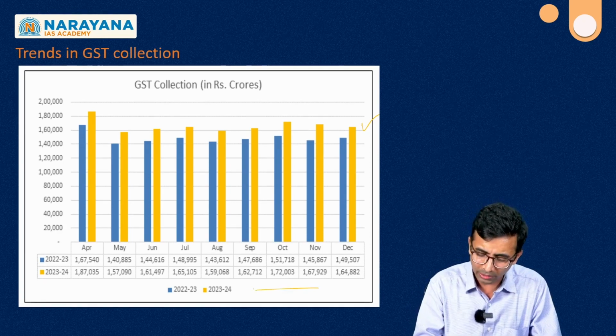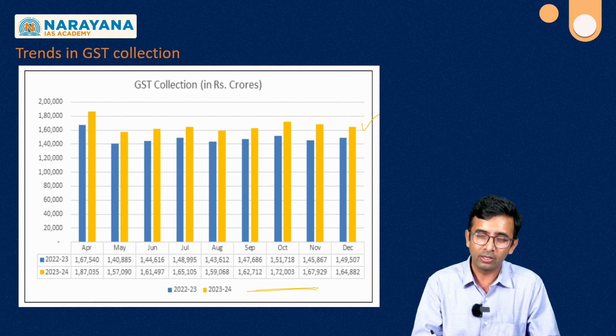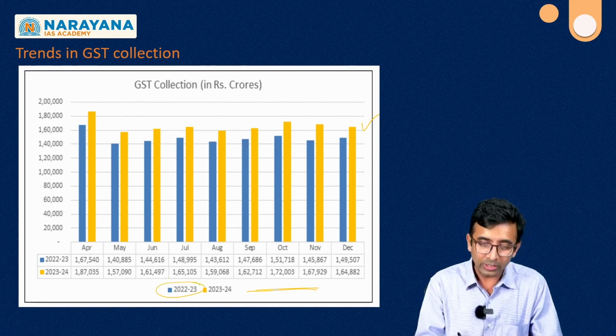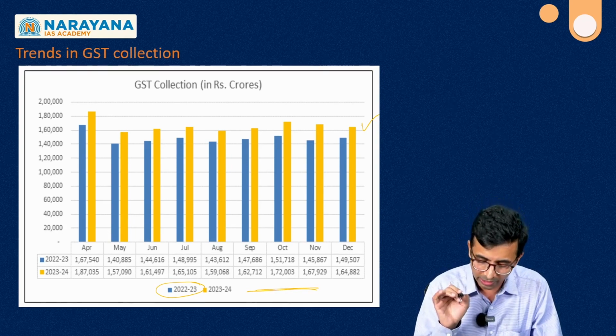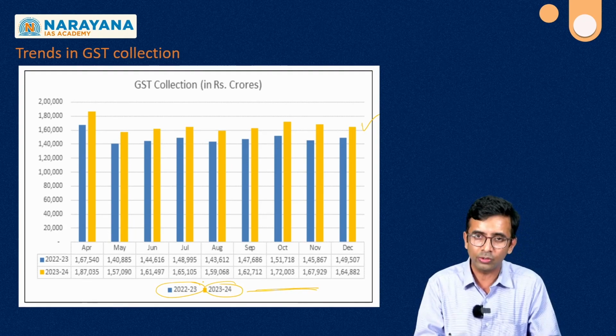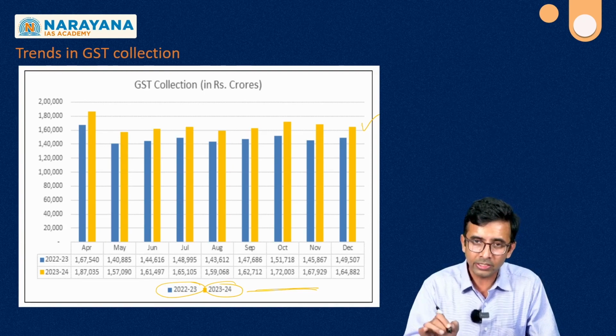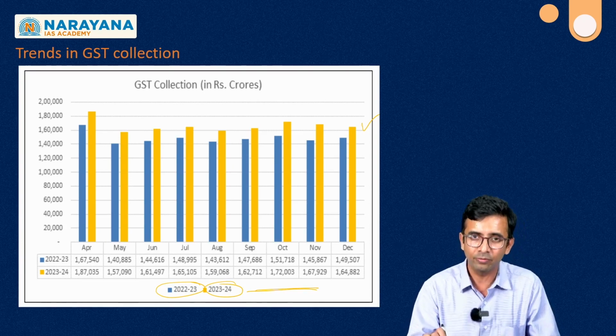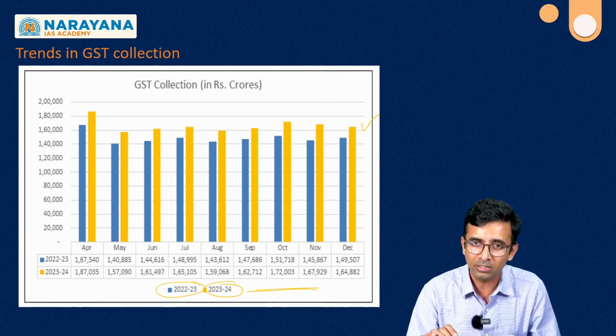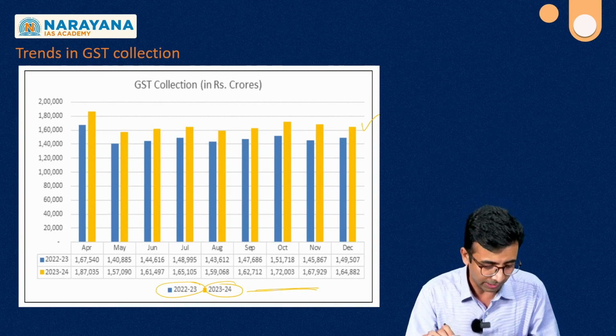This is one pattern that we have to again keep in mind. I repeat, compared to each and every month in the 2022-2023 financial year, in the 2023-2024 financial year, the GST revenue growth had been consistently higher in comparison with the previous months in the previous financial year.